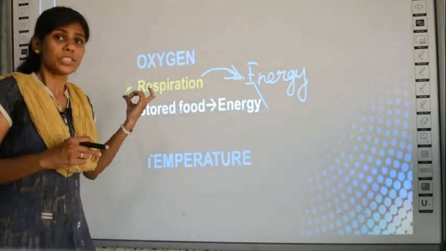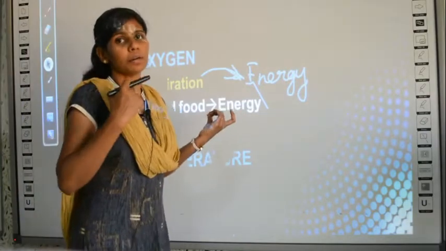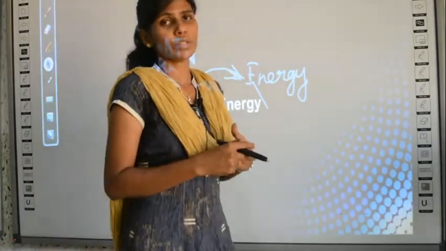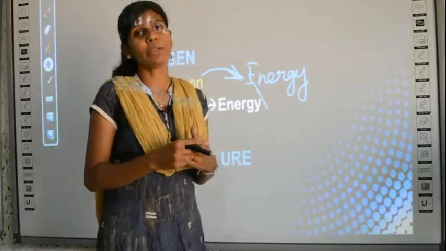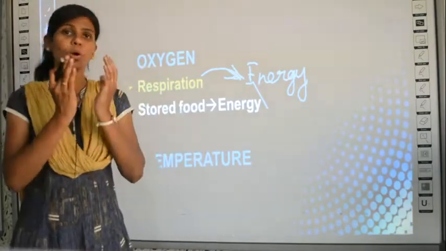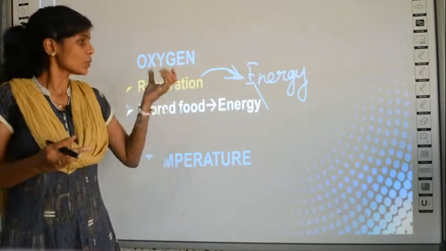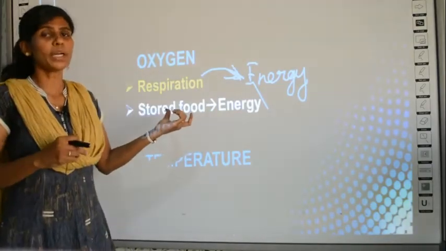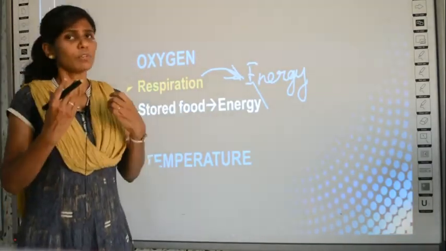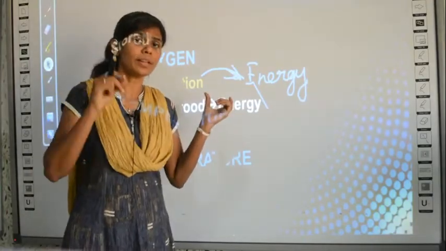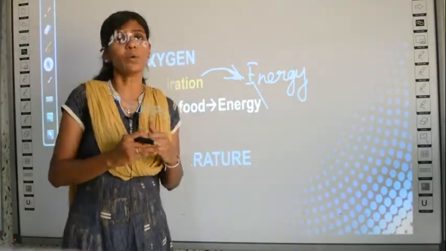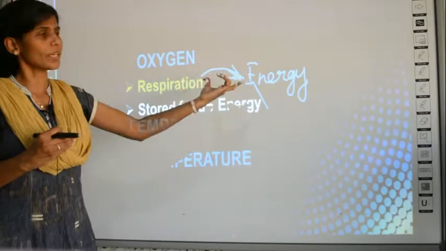Then the stored food is helpful in giving energy. How is the stored food helpful in giving energy? Because I told you the cotyledon is stored in the seed in the form of food, right? So it is the food which is broken down in the process of respiration which gives energy. This food in the cotyledon is broken down, and out of the respiration process you get energy.